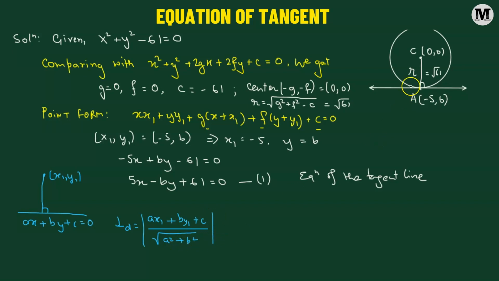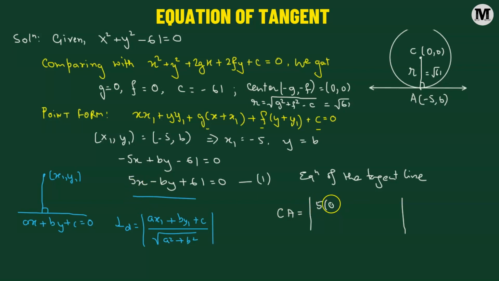Now in our case, we have the coordinates of the center C with the value 0 comma 0. We have the perpendicular distance as square root of 61, and we have the equation of the tangent line, which is 5x minus by plus 61 equals to 0. We can use this formula to get CA will be equal to, we'll take the absolute value. Now we will start with the coefficient of x of the tangent line, that's 5.